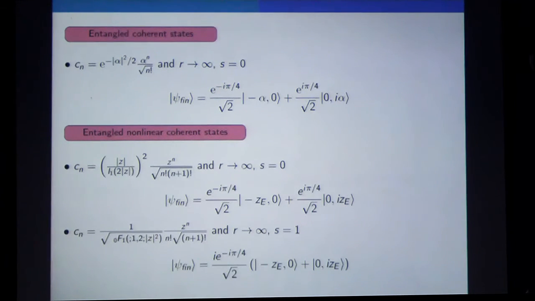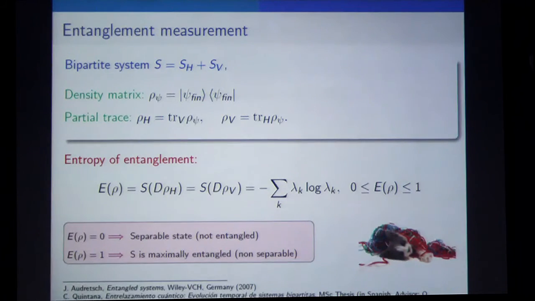And now, if we choose these parameters to have the SU(1,1) coherent state, or the nonlinear coherent states, at the output of this device we have entangled nonlinear coherent states. And we can produce entanglement using it.